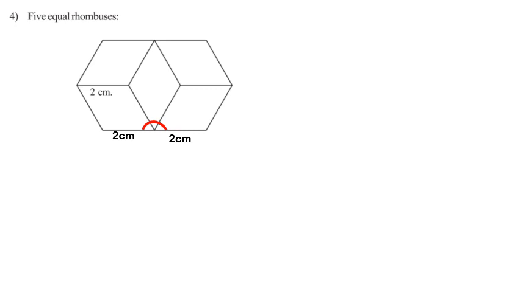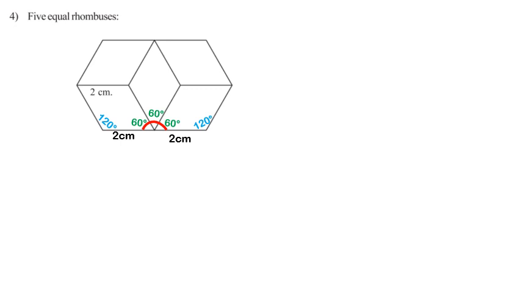So we can say 180 divided by 3 equal to 60 degree. So we can say each angle is 60 degree. Now we get one angle of rhombuses. Then what will be the adjacent angle? Yes, 180 minus 60. That is 120 degree.